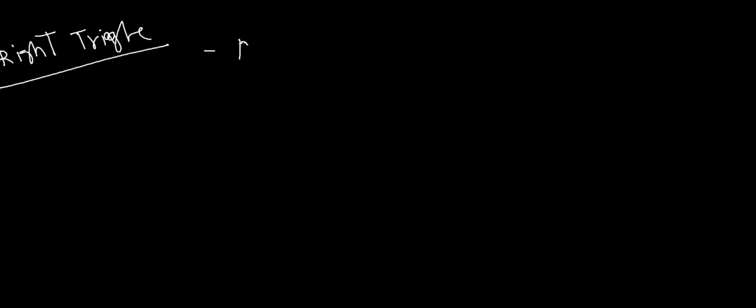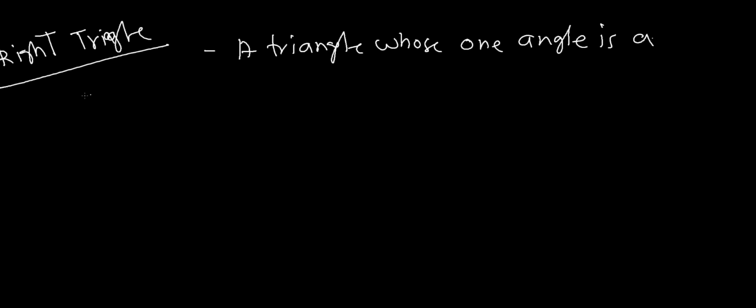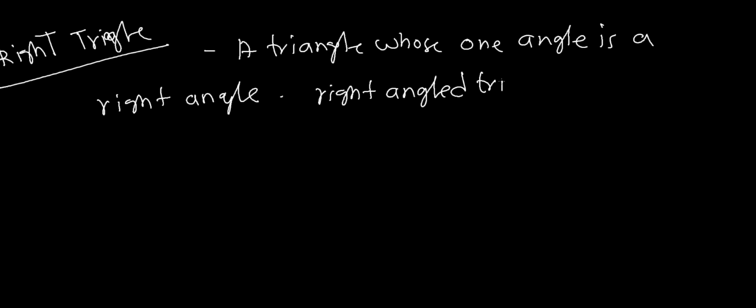Now next is right angled triangle. So a triangle whose one angle is a right angle is known as a right triangle or right angled triangle.